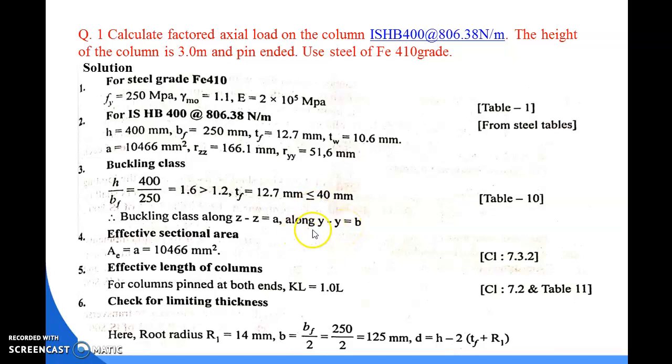For the YY axis buckling, the buckling class is B. So here we know that this I section has a buckling class along the ZZ axis as well as along the YY axis. Now we can find out the compressive strength value along the ZZ axis and along the YY axis.